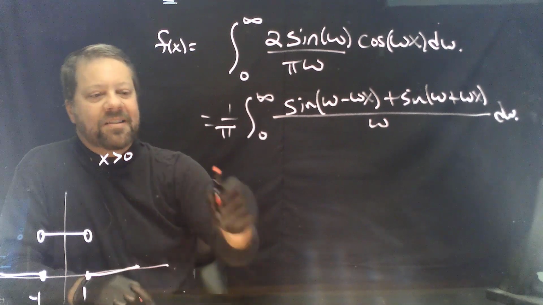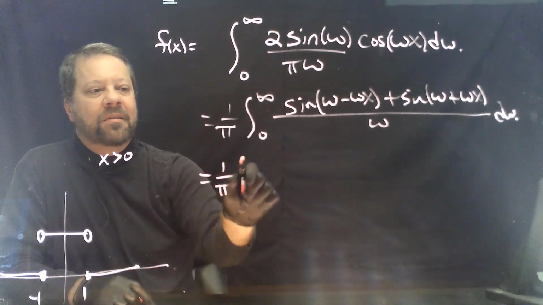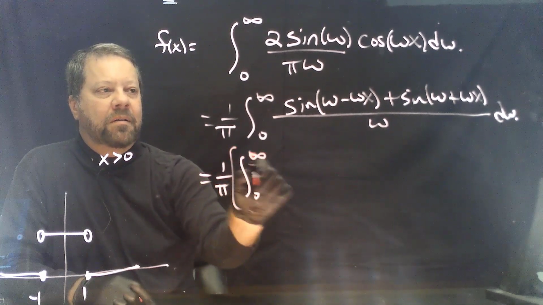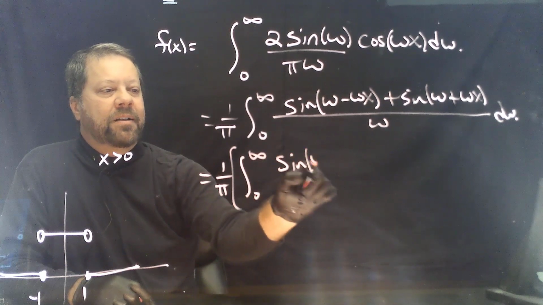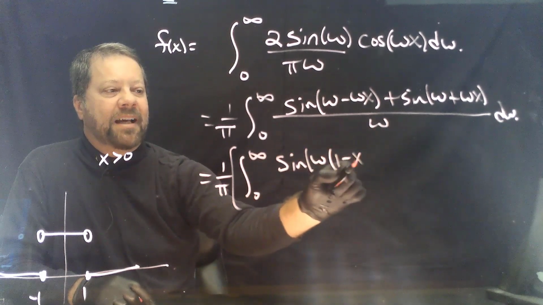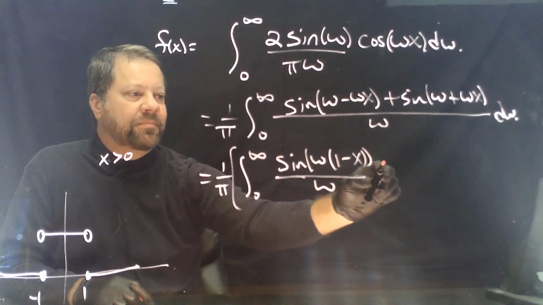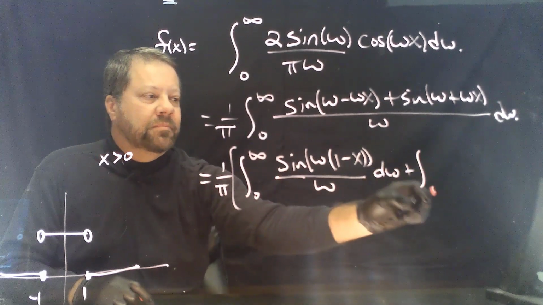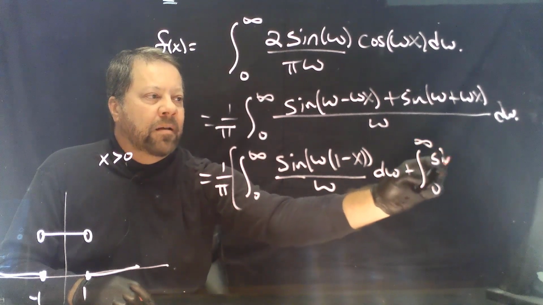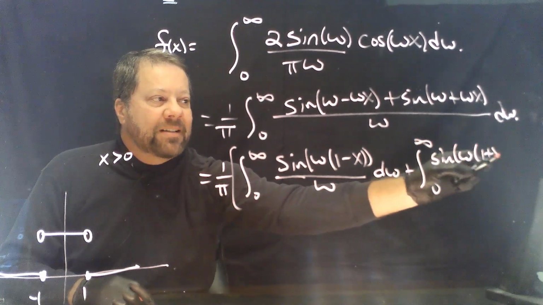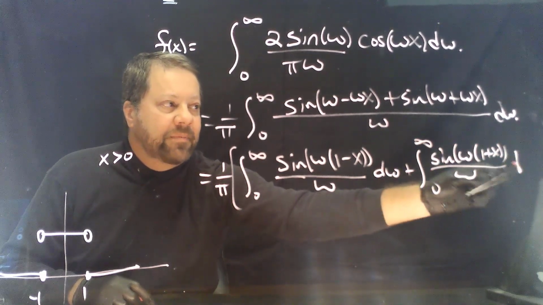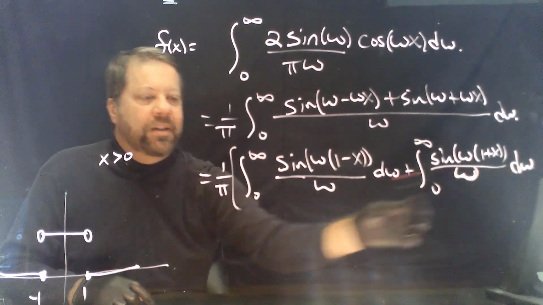We're going to break this into two integrals. The first one is sine of omega times 1 minus x over omega, and the second one, sine of omega times 1 plus x over omega d omega.